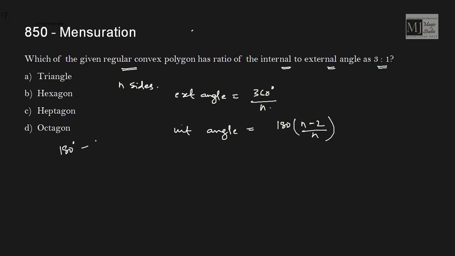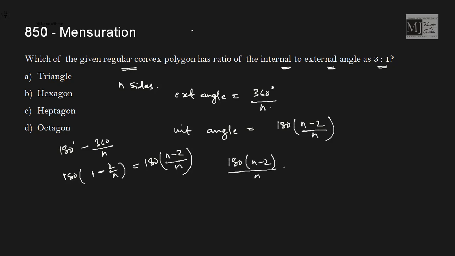So interior would be 180 degrees minus 360 by n, that is 180 common, 1 minus 2 by n, which will give us 180 into n minus 2 by n. Now the ratio given is 3:1, that is 180 into n minus 2 by n into n by 360 equals 3 by 1. So when we solve this, we get n minus 2 is 6. Therefore n is equal to 8. It is an 8-sided regular convex polygon, that is, it is an octagon.